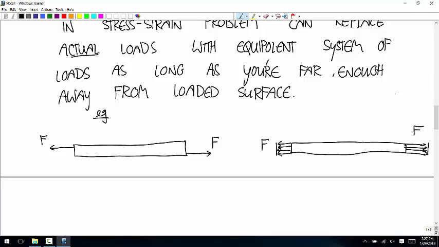So essentially, we're just going to throw away our results near the loaded surfaces. And all the results that we haven't thrown away, all the stuff that's still white, we're going to trust the results we get here to represent what's going to happen here. Okay, that's an experimental result. And there is sort of a rule of thumb for how far away. Any questions? You understand the idea on that?